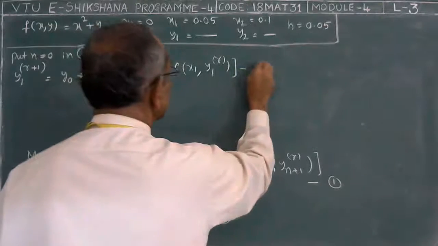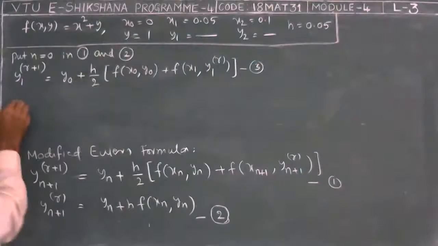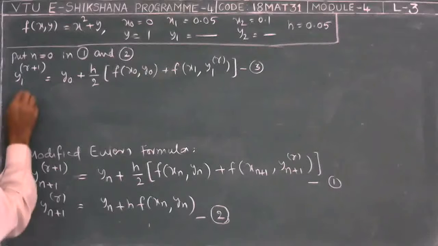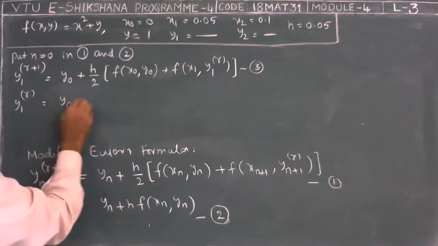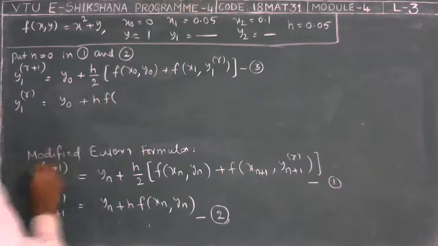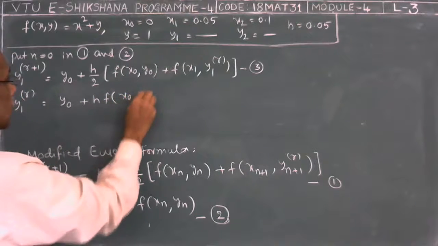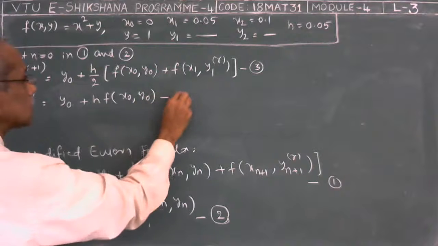Call this as equation number 3. Then y1 r is y naught plus h into f of x naught comma y naught. Call this as 4.